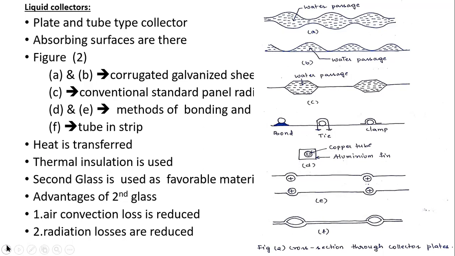The surface finish of the absorber plate may be flat. On the flat surface, a black paint will be applied with an appropriate primer, because the coating of primer is important here. The coating of primer should be thin, not thick, because if it is thick, it increases the resistance to heat transfer.